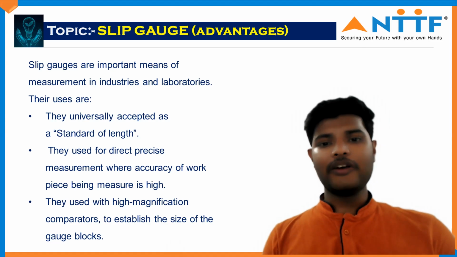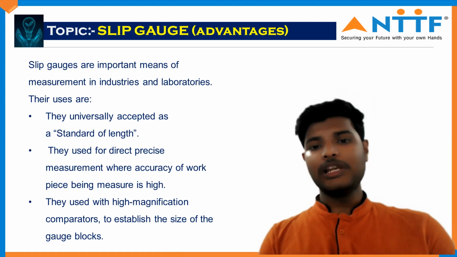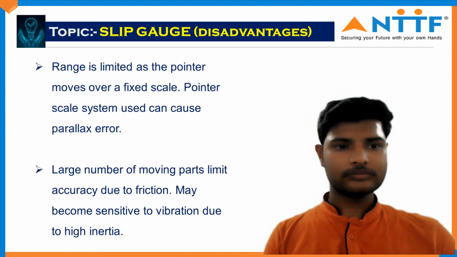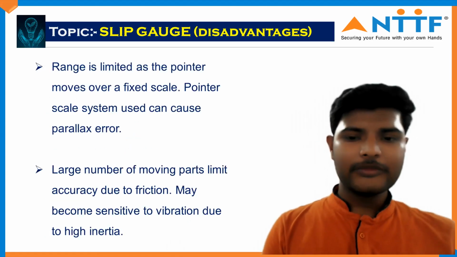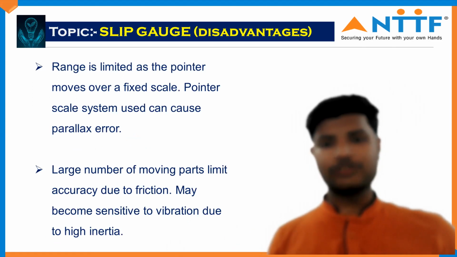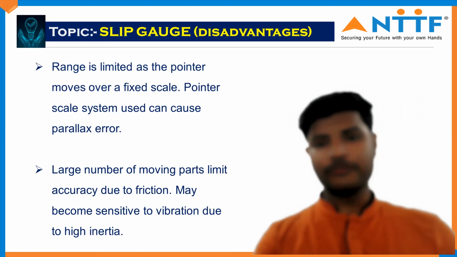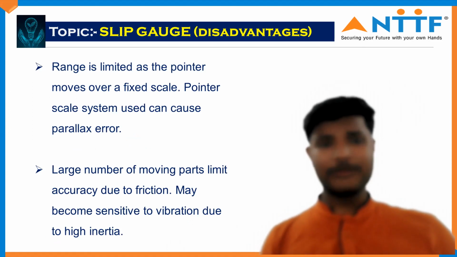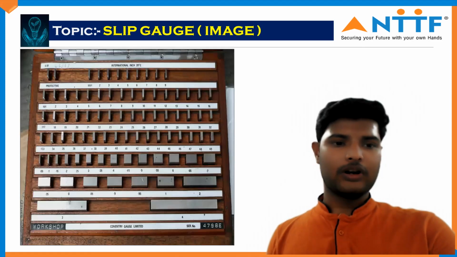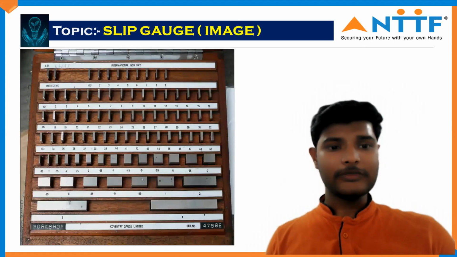As you know, everything has advantages, so let's see the disadvantages of this slip gauge. The range is limited. Further on, I will show the photo of the slip gauge. Everything is in standard length.